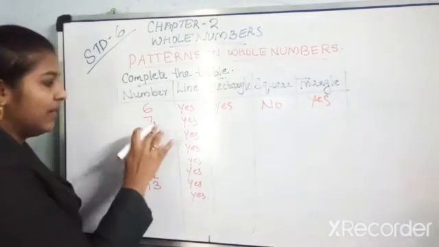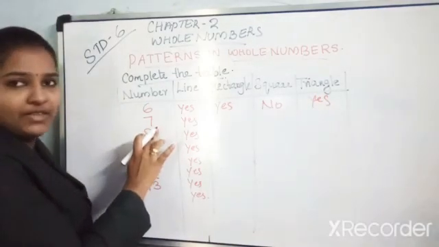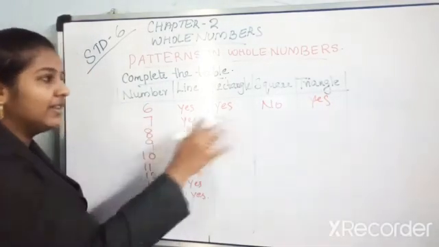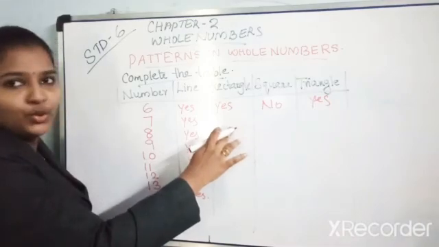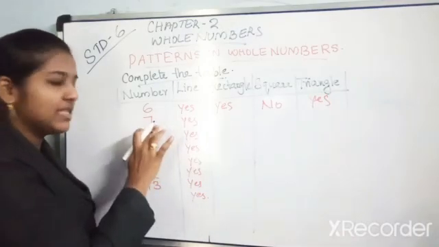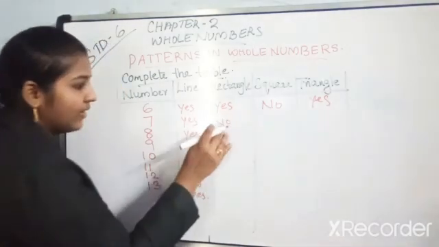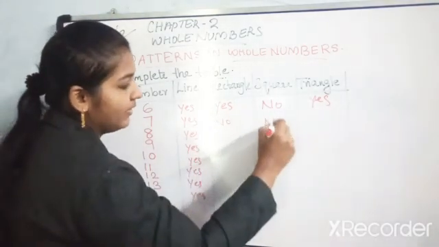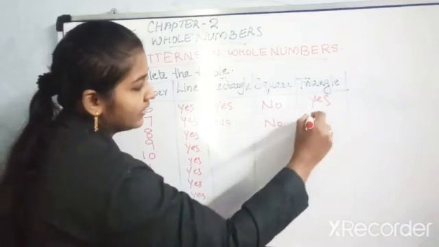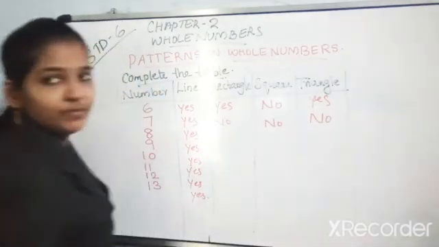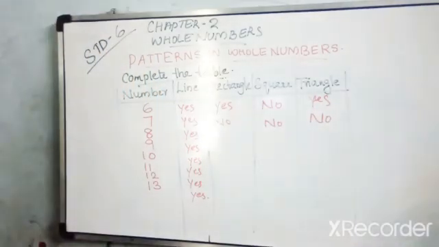Now next, number 7. Number 7 can be arranged as a line. Then what about rectangle? No. Number 7 can't be arranged as a rectangle, and we cannot arrange it as a square, and we can't arrange it as a triangle. Okay, children, is it clear?